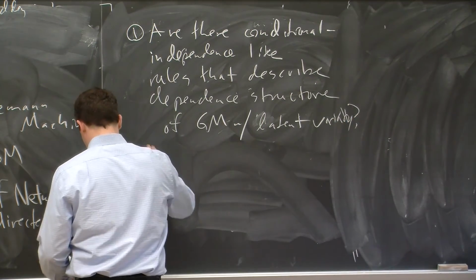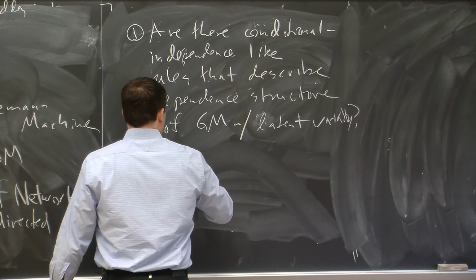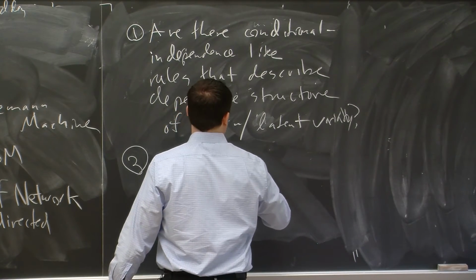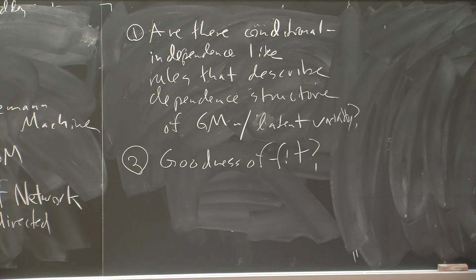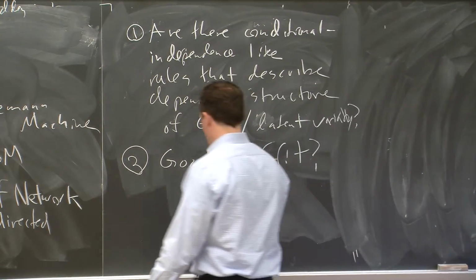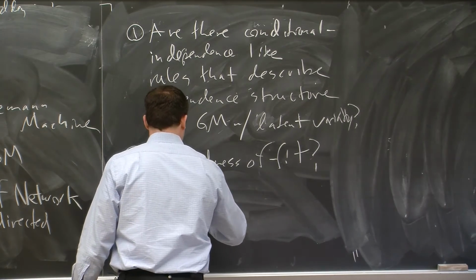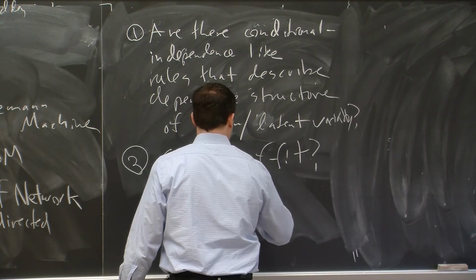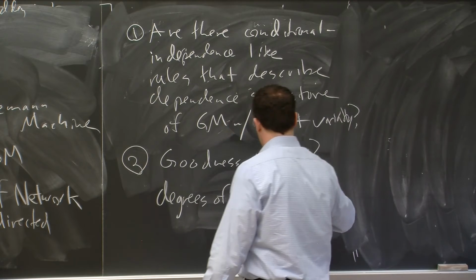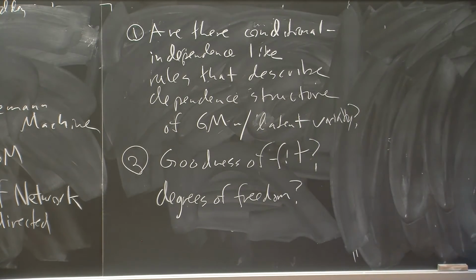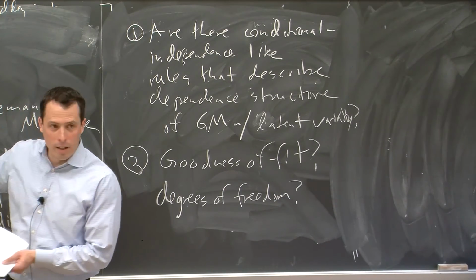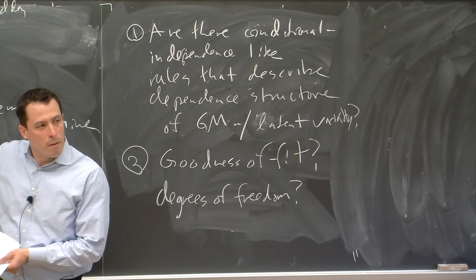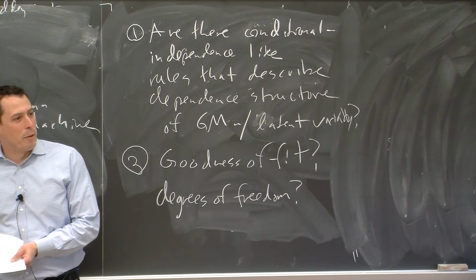And I could ask questions like, how do we measure goodness of fit for these more complex models? For example, can you tell me what the degrees of freedom are? We certainly know, for this model, how many parameters there are. That's what I put in.